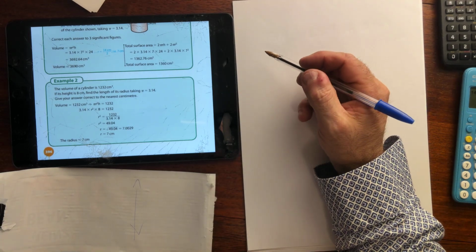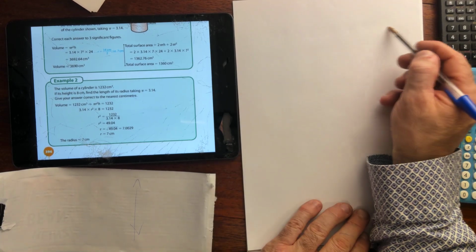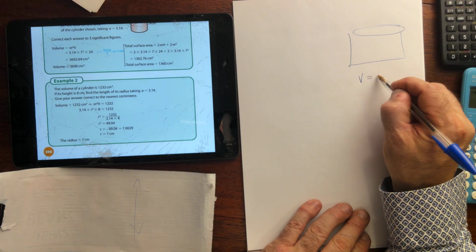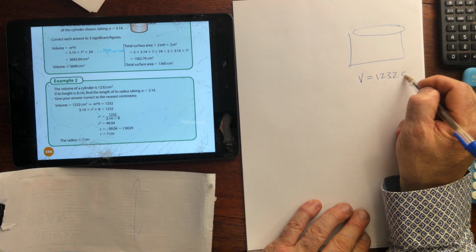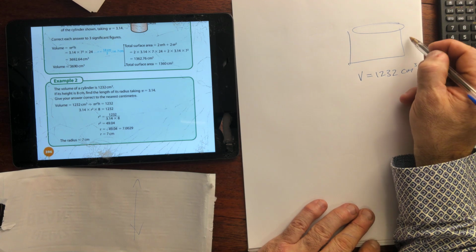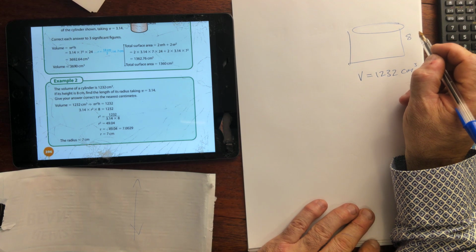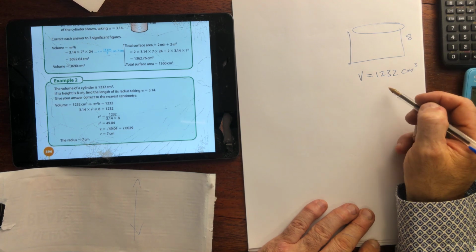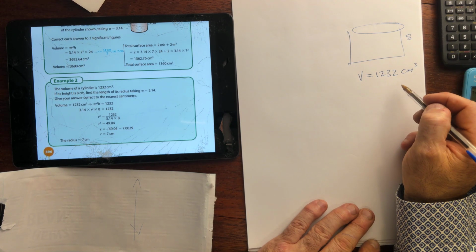Second question is that the volume of a cylinder, again I'm just going to sketch a cylinder and say the volume of it equals 1232 centimeters cubed. Okay, if its height is 8, find the length of the radius, and we'll use an exact pi.